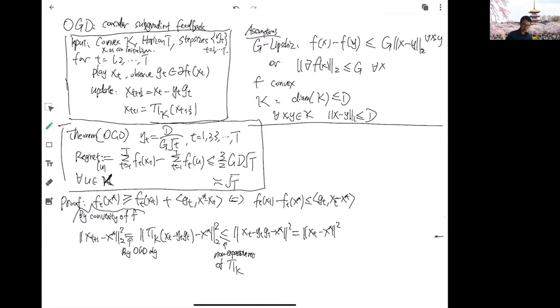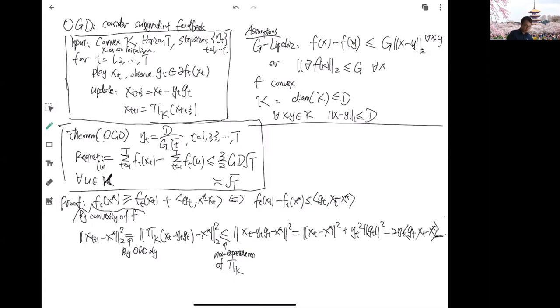So now we were able to construct it, and the other quadratic term would be eta_t square g_t square. Now we have the cross term, which looks like eta_t g_t inner product with x_t minus x star, right? So everything just follows through naturally.